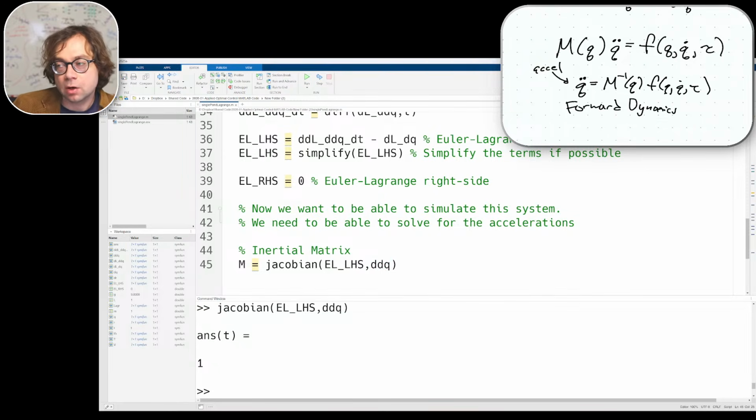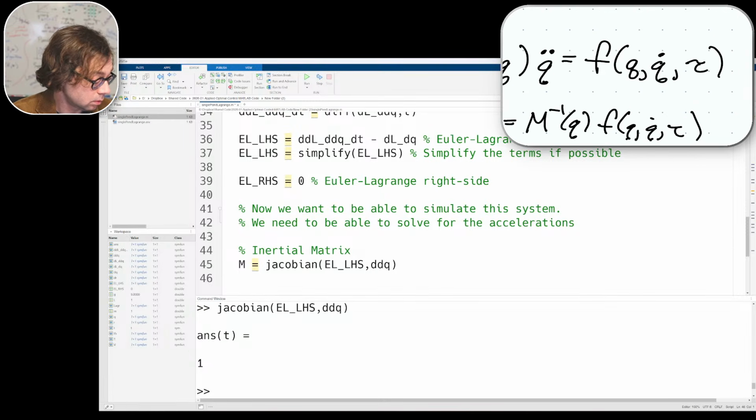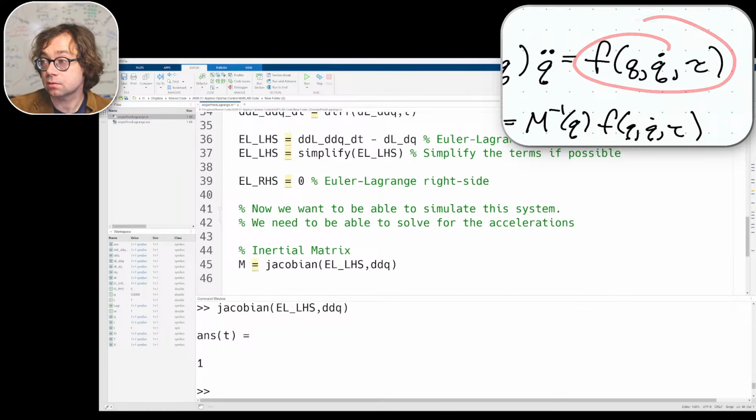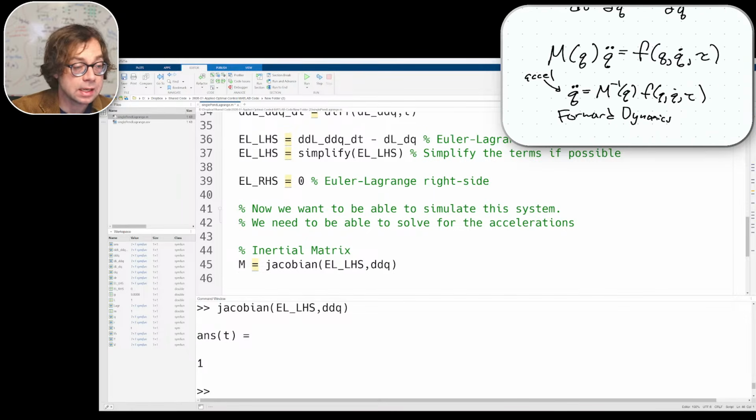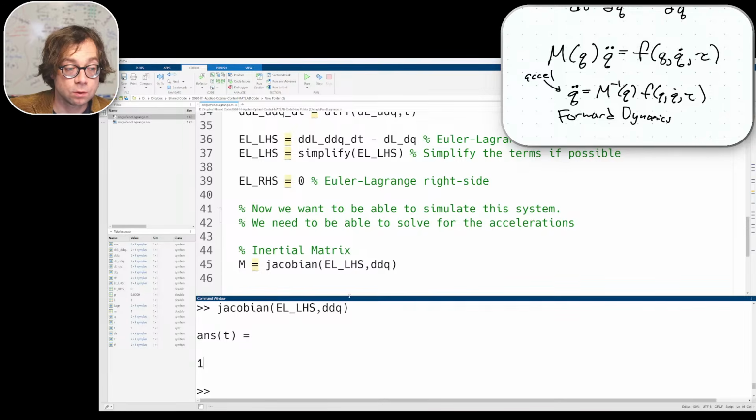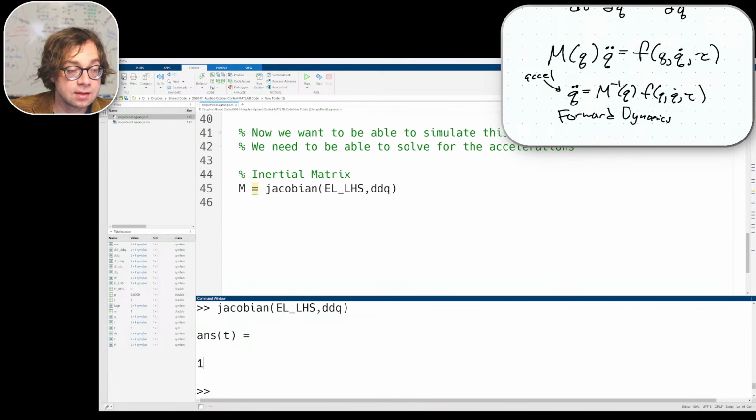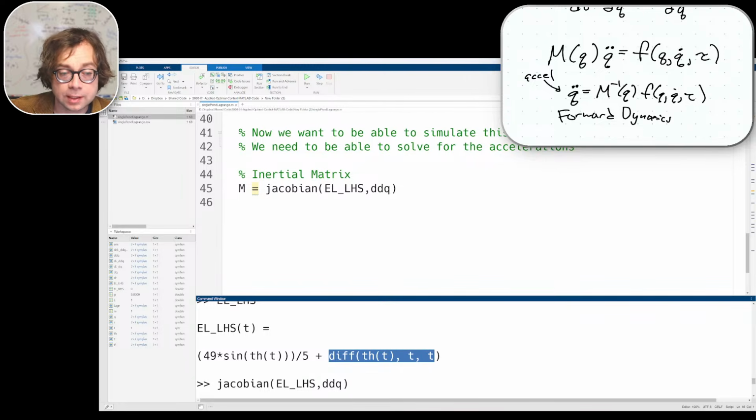Now, right now, this is assuming there's nothing on the right-hand side. So there's probably not going to be any acceleration terms on the right-hand side. There shouldn't be. But technically, you might want to subtract the right-hand side to put everything on the left-hand side to do this. But that's okay. And then this term over here, this F, is everything else, right? Which would mean that if we take our Euler-Lagrange equations, wherever we see a theta double dot, we insert a 0.